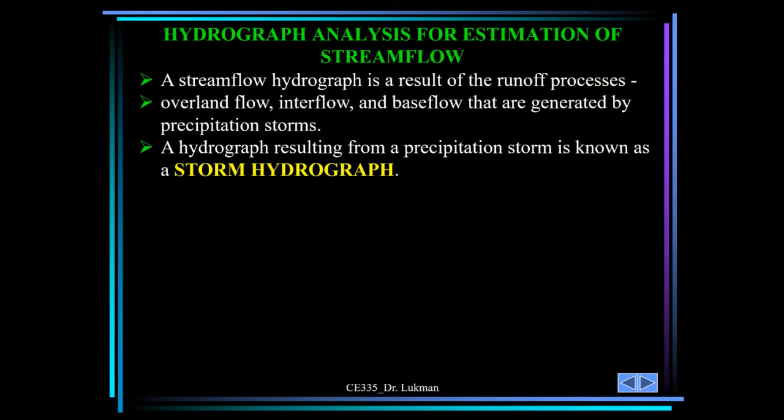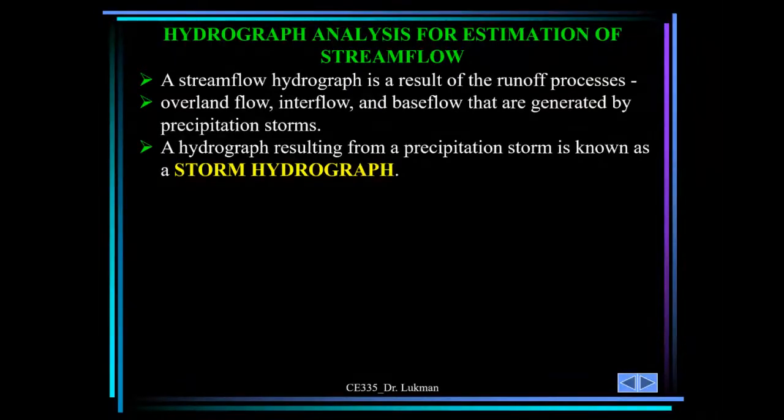And overland flow, interflow, and base flow are generated by precipitation of storms, because these are the runoff processes. Precipitation is rainfall; we call it precipitation, we call it storm, what have you.